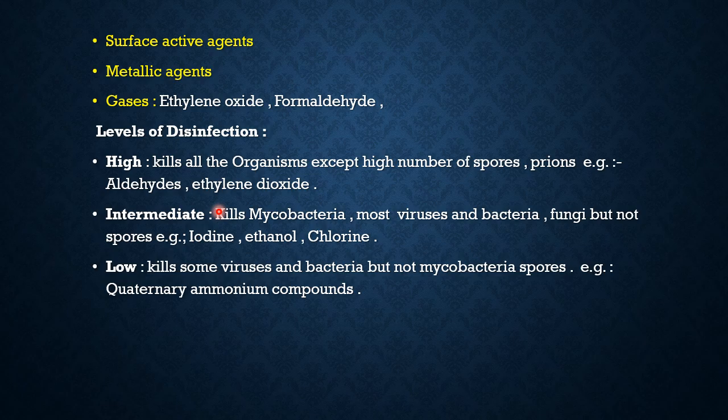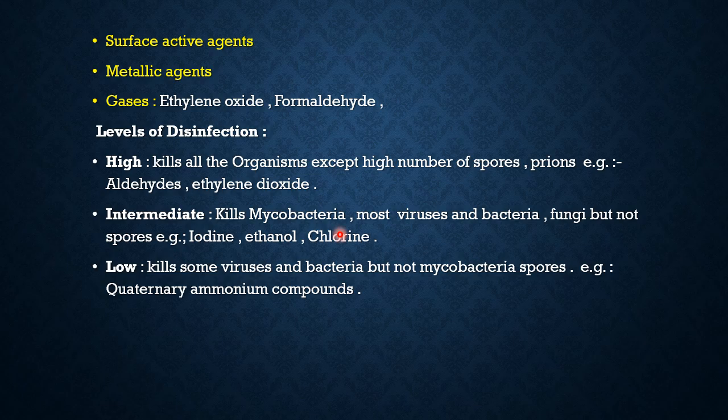That means they can kill mycobacteria, viruses, bacteria and fungi, but they cannot kill spores. We mention mycobacteria separately because they have a unique cell wall structure, they are very difficult to kill, they can form biofilms and they can persist in various states. Mycobacterium is the bacteria which causes tuberculosis.